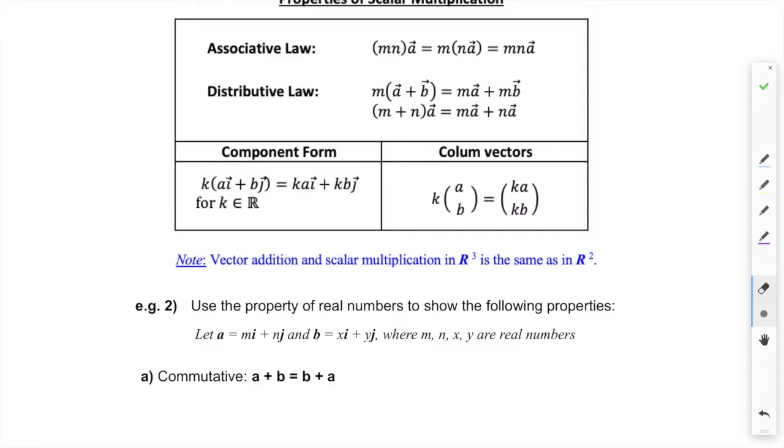Using the distributive law, it's kind of like the distributive property that you learn when you work with polynomials, right? You would distribute your scalar multiple into the brackets where you're adding two vectors together, or when you are adding two scalars and then multiplying by a vector, you can do individual scalar multiples of the vector before you add them together. They're just equivalent, okay?